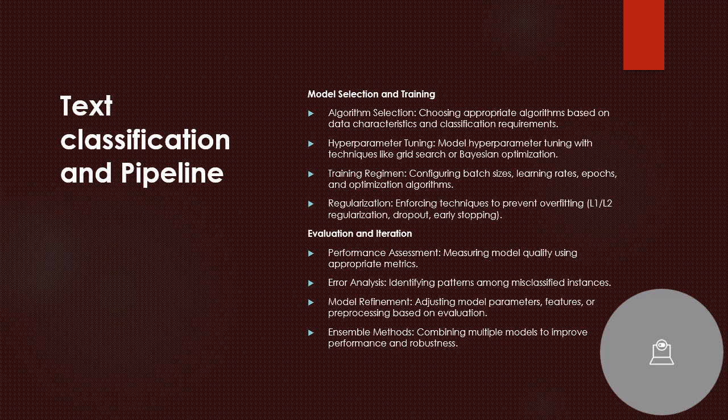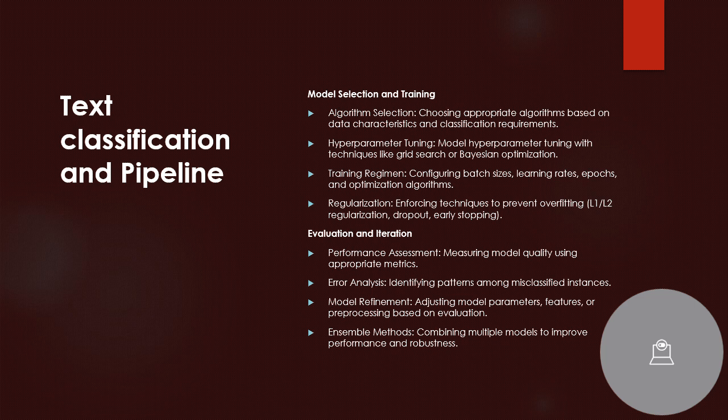Regularization. Techniques like L1, L2 regularization, dropout, and early stopping are applied to prevent overfitting the data. Moving on to the next step, evaluation and iteration. Performance assessment. The model's performance is measured using appropriate evaluation metrics to prevent errors. Error analysis.